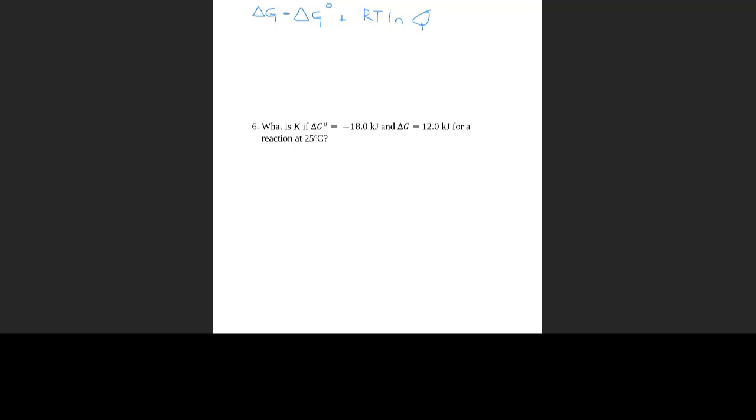So Q involves the partial pressure of B. Delta G is equal to delta G naught plus RT natural log of the partial pressure of B. However, there are 4 of them.